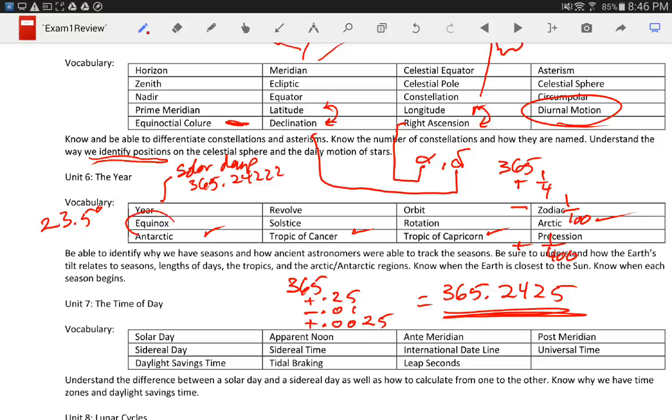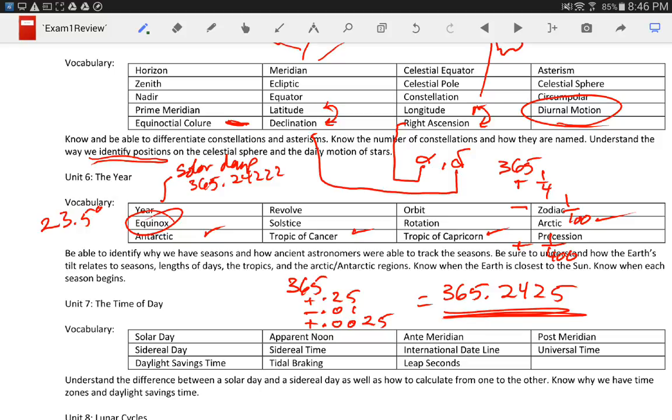Okay, so we have the equinox. Equinox, when the sun is crossing the equator. What about solstice? Solstice, S-O-L-S-T-I-C-E. Then when it's farthest. The solstice is when the sun is farthest from the equator.